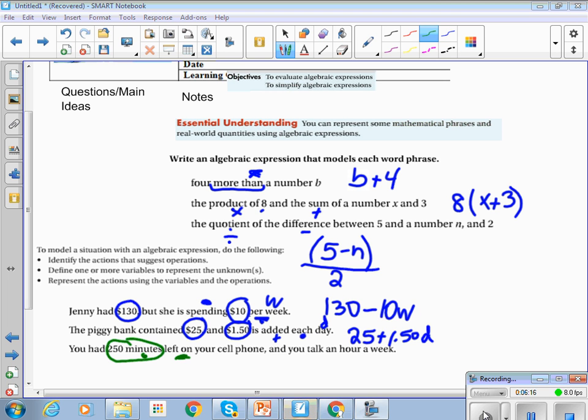I am in minutes, so I'm going to make that 60. I'm going to use W to represent week. An hour a week is the same as an hour per week or hour each week. So we're going to do the same operation as we did in those scenarios and multiply. So we got 250 minus 60W.